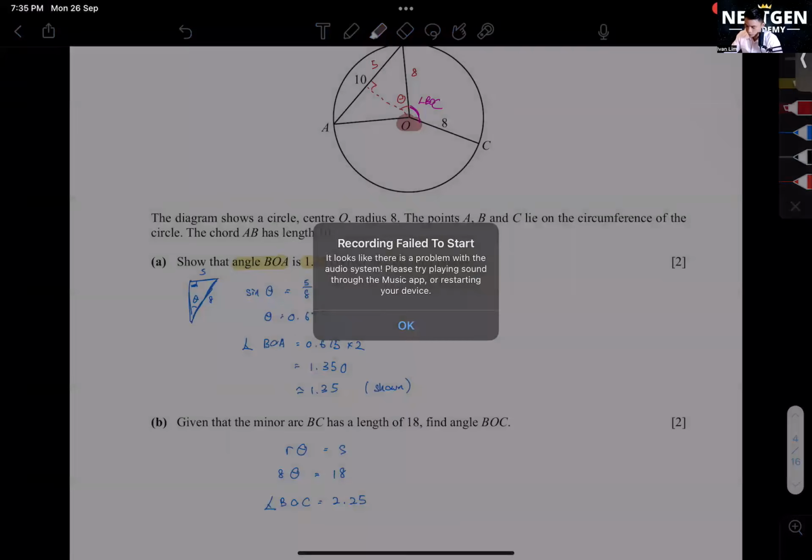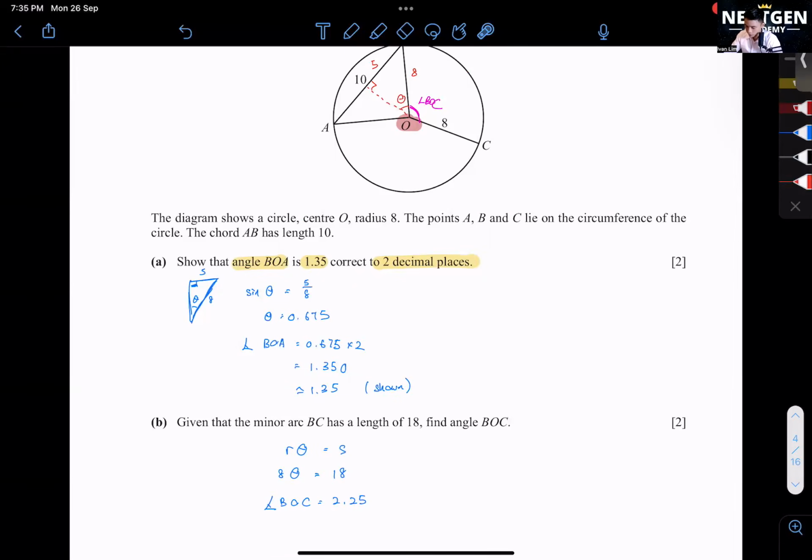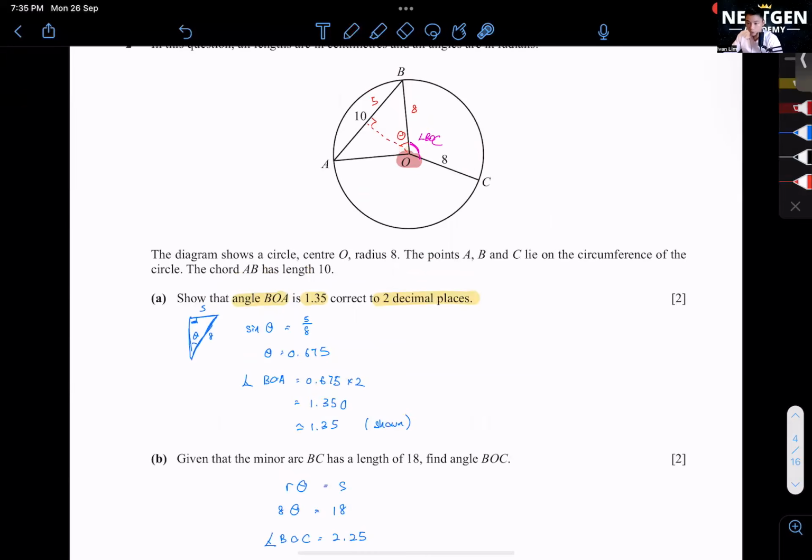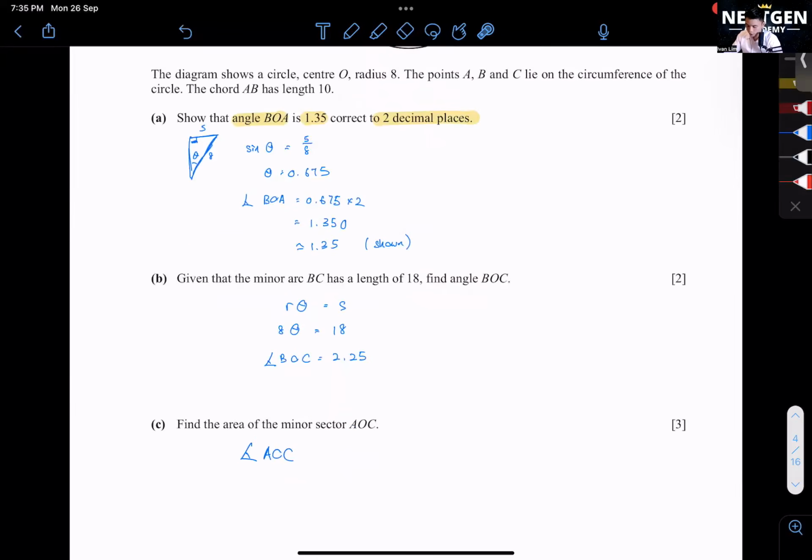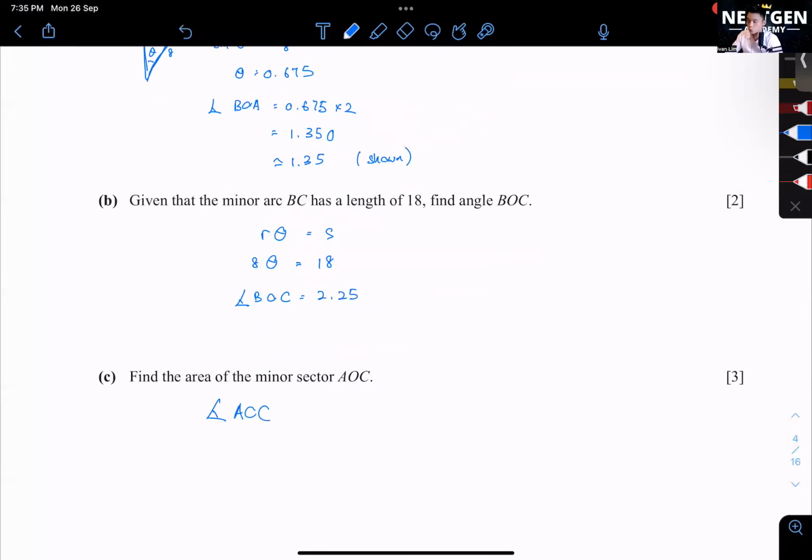We can find this part here. So we found angle BOC already. We know over here also, angle BOA, which is 1.35. So you make sure you take the correct value. It's 2 pi. I think some of you wrote 4 pi. I don't know why also. 2 pi minus 1.35 minus 2.25. You get 2.68 radian.